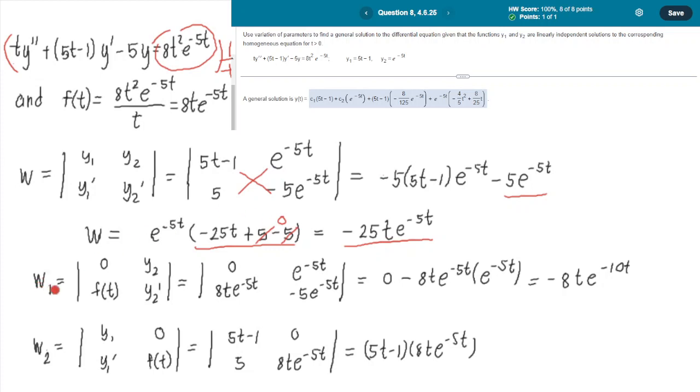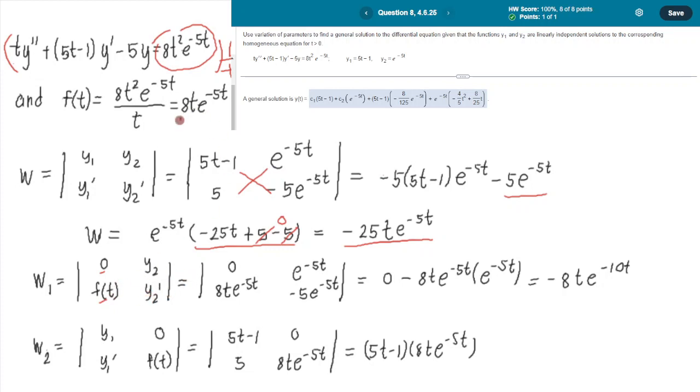Now our Wronskian sub 1, we just change the first column. Our first row, first column, change that to 0. And our second row, first column, change that to f of t.